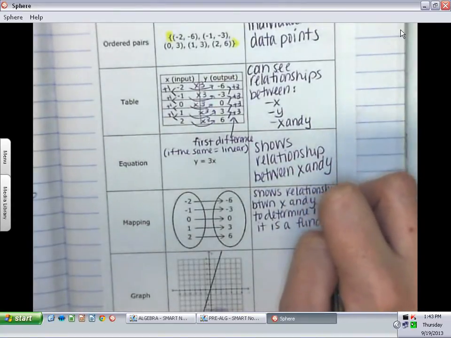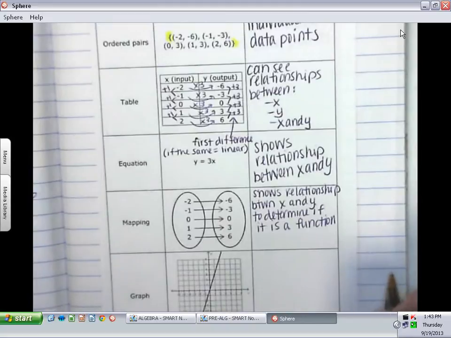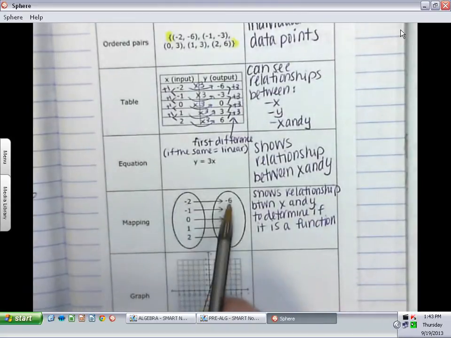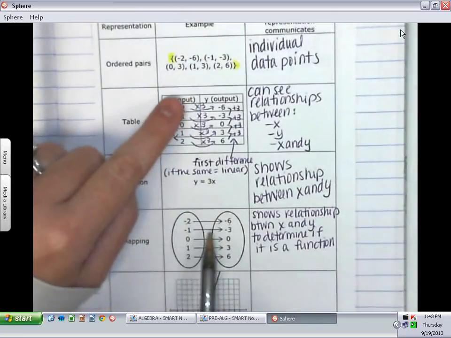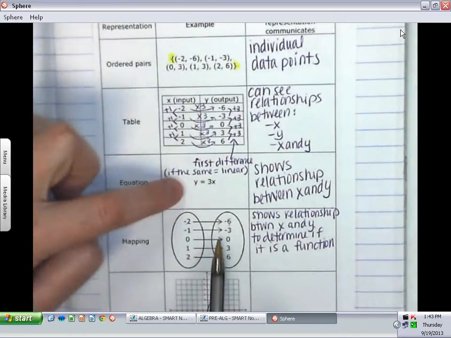And we're going to discuss more of that next week, but the mapping shows you that negative 2 is related to negative 6, just like in the data at the top. Negative 1 is related to negative 3, so all this is the same.